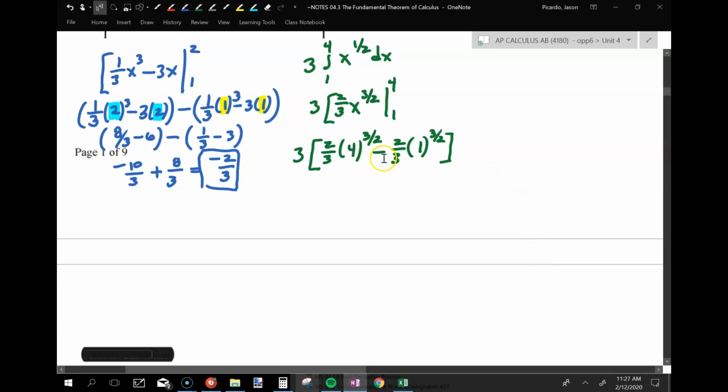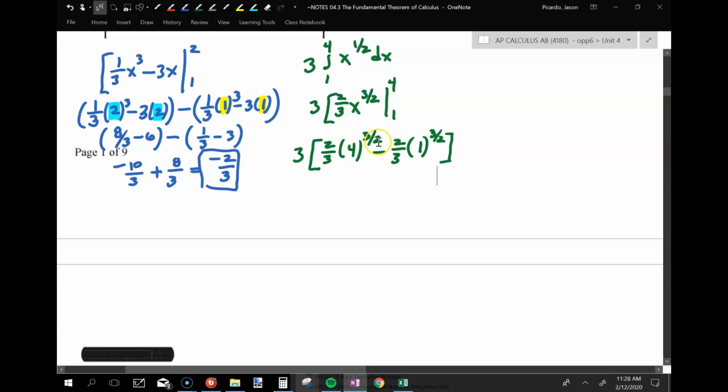This is where knowing, like, Lexi, this isn't really a calculus problem. I mean, it is, but this part right here is just, do you know your math, right? So the bottom is the root, right? The top is the power.